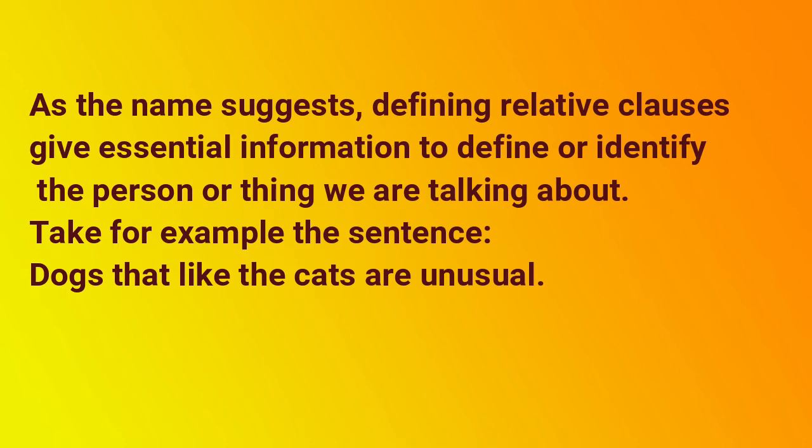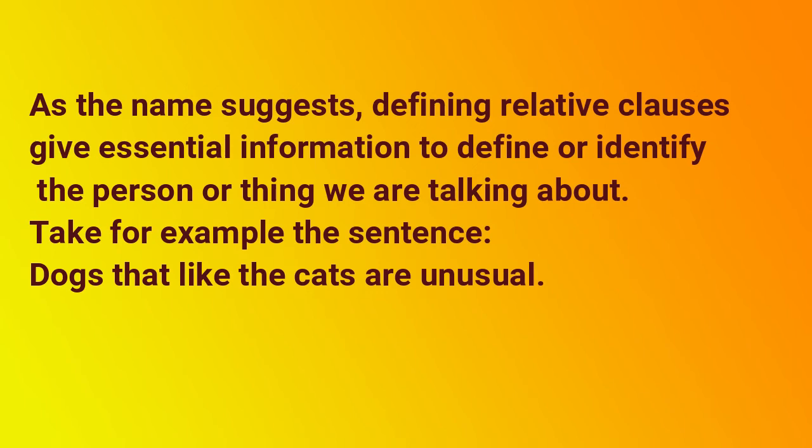Simple. Defining relative clauses give us essential information. Let's take an example. Dogs that like cats are very unusual. In this sentence, we understand that there are many dogs in the world, but we are only talking about the ones that like cats. The defining relative clause gives us that information.